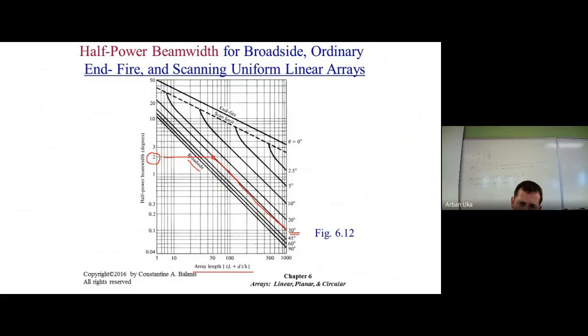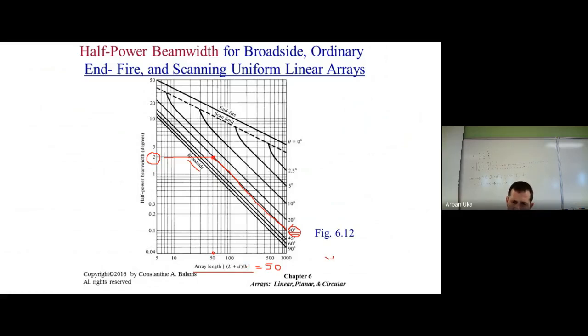That means that we have to look for an antenna where L plus d divided by lambda is equal to 50 wavelengths. So this is 50 lambda. That means that depending on d, we have to find L. So given these two values, the 30-degree angular distribution and 2 degrees beam width, we get 50.